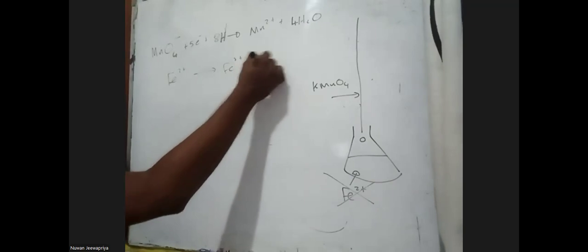On the other side, Fe2+ becomes Fe3+ plus an electron. This is the reaction that takes place there.